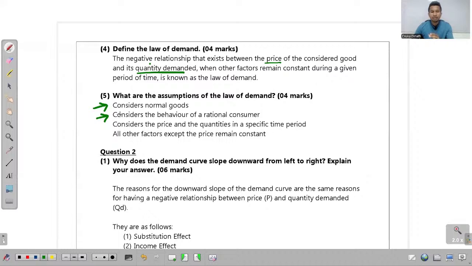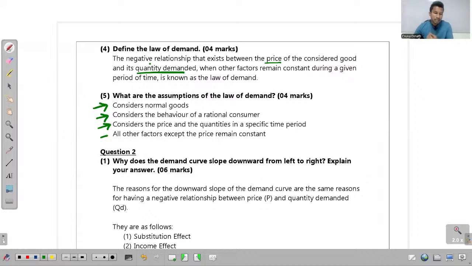The second assumption is, we consider the behavior of a rational consumer. The third one, we say that we consider a particular period of time, not one specific time point. No, it takes a period of time to see this negative relationship that exists between P and QD.